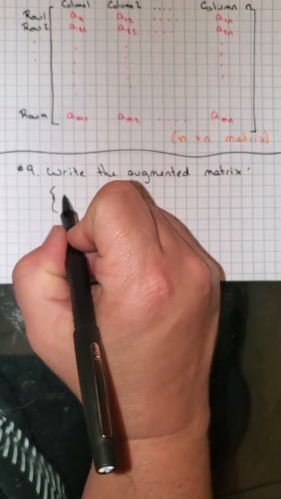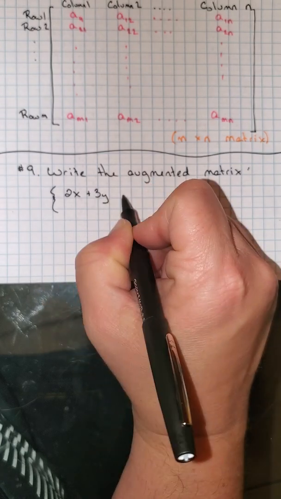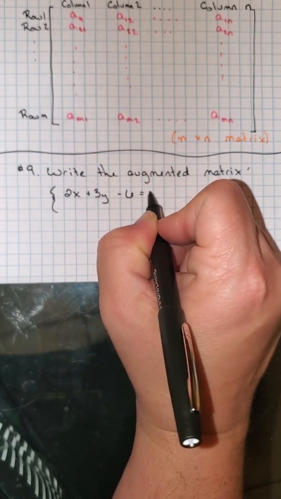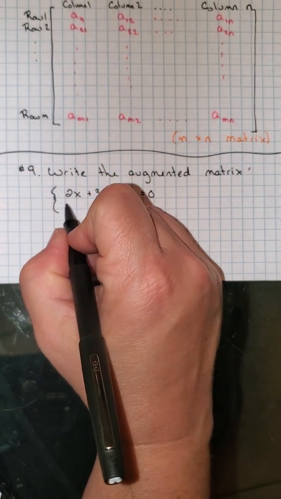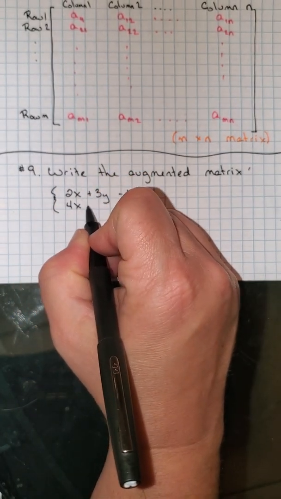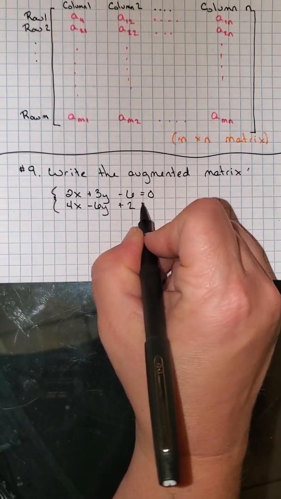We have 2x plus 3y minus 6 equals 0. And then you have 4x minus 6y plus 2 equals 0.